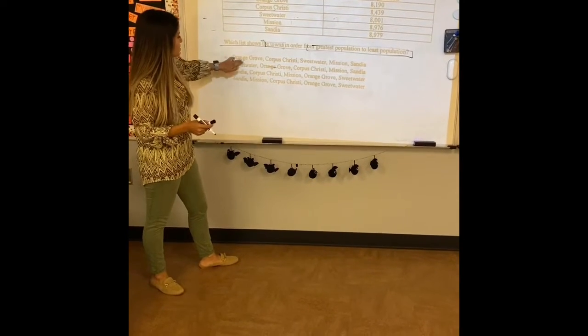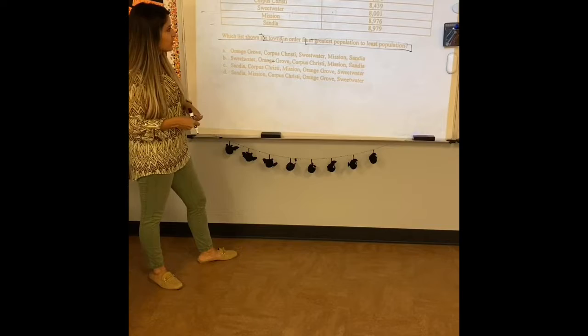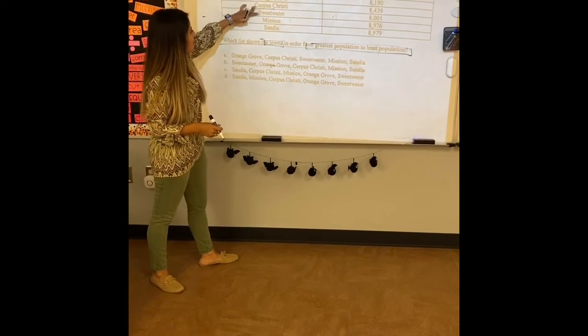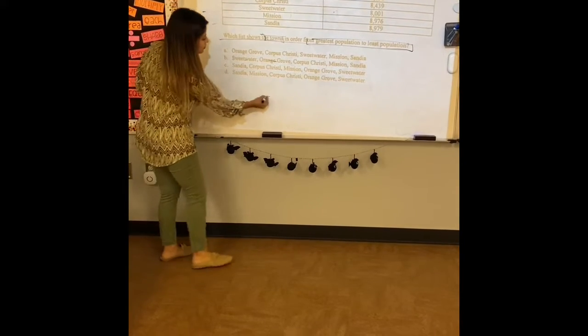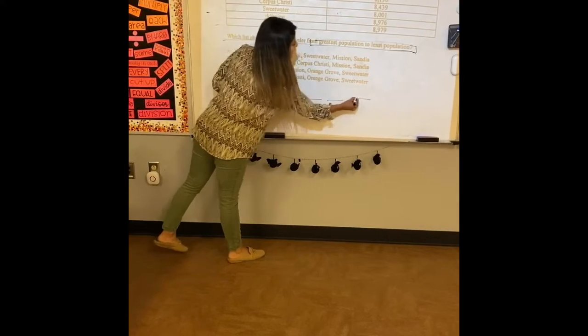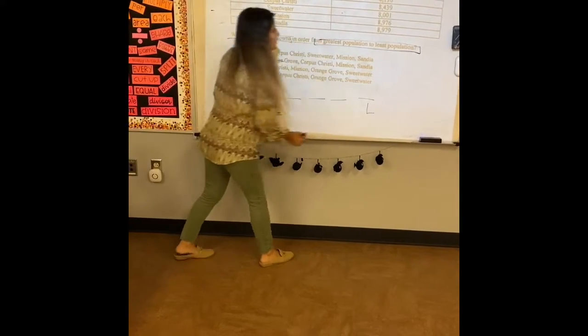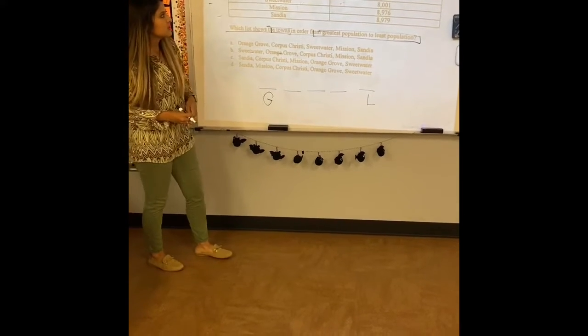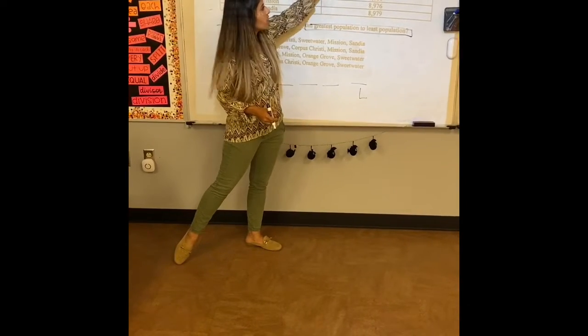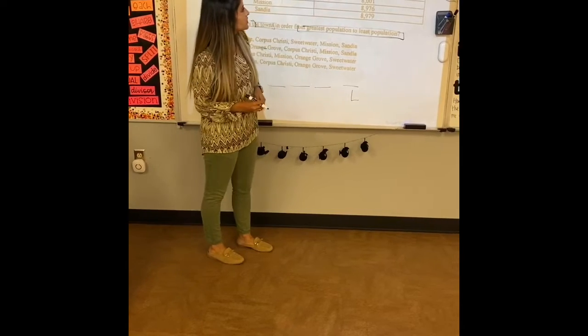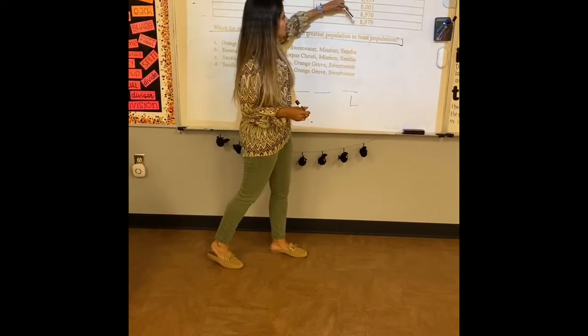Well, our answer choices isn't by number, but it's by towns. Well, when we take a look, we have 5 towns, so we can draw 5 blanks. And we're going in order greatest to least. Now, when we're talking about greatest to least, we're using place value. We start at our biggest place value. So in this case, we're looking at our thousands place.